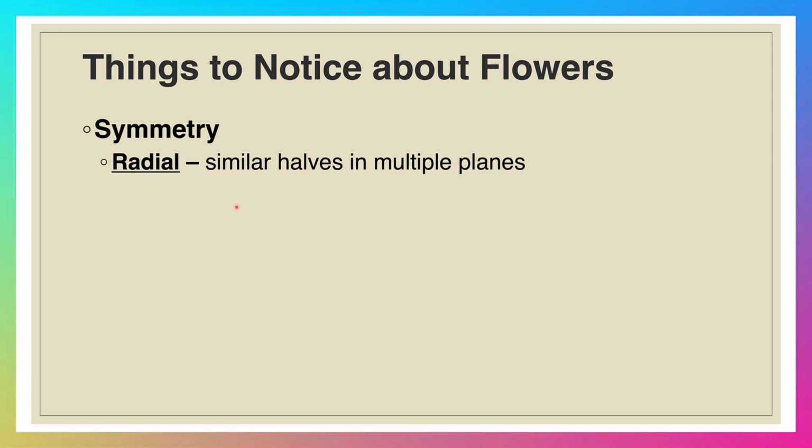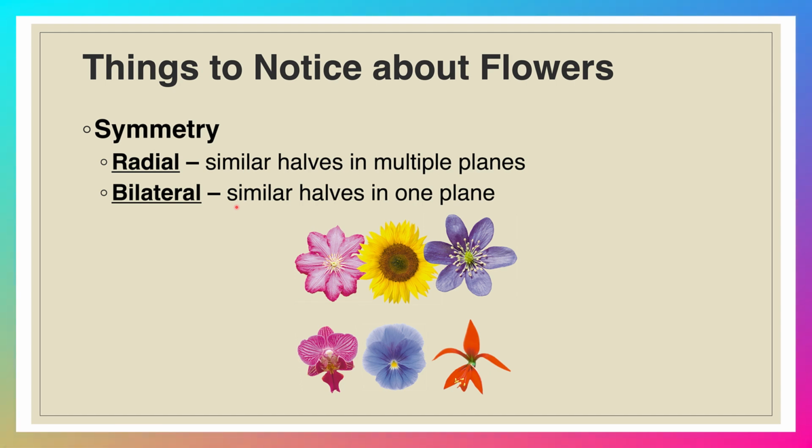Bilateral symmetry is where you can fold in one plane. So for example, a flower like this has radial symmetry because you can fold it here, or here, or here. Similar with this sunflower, or this flower here. Whereas these flowers have bilateral symmetry. You can only fold them in one plane and have two fairly close halves.